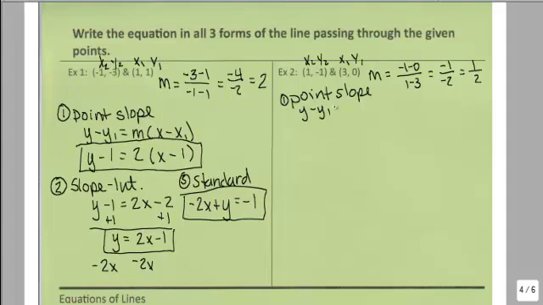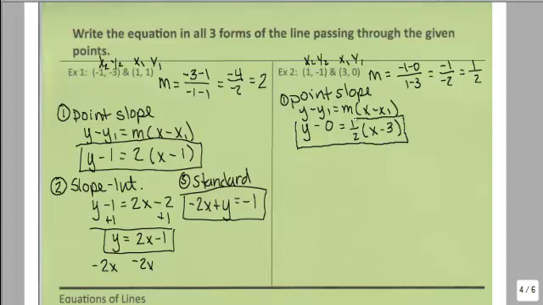Y minus y1 equals m times x minus x1. So y minus, and again I'm going to use this right hand one because there's no negatives, so y minus 0 equals 1 half x minus 3. And there's my point slope form.